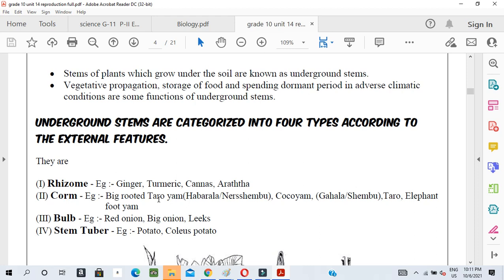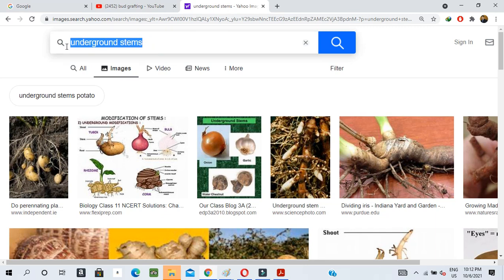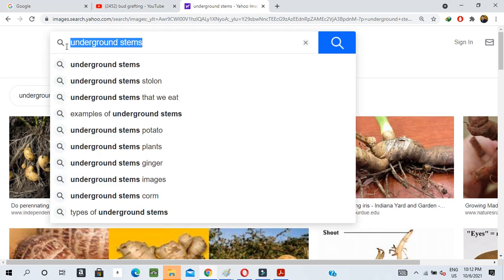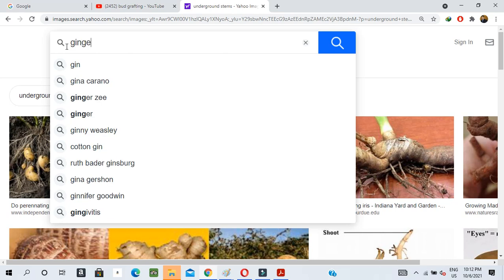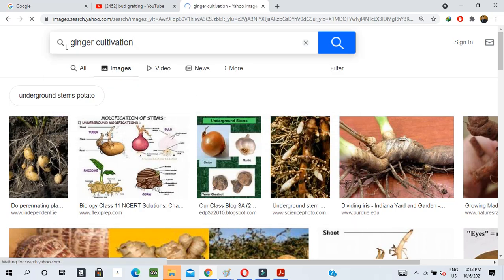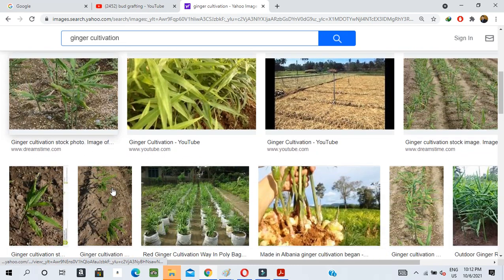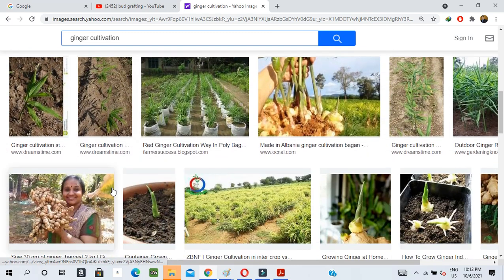For a simple example, if you are a ginger farmer and you want to do ginger cultivation, what are you planting?